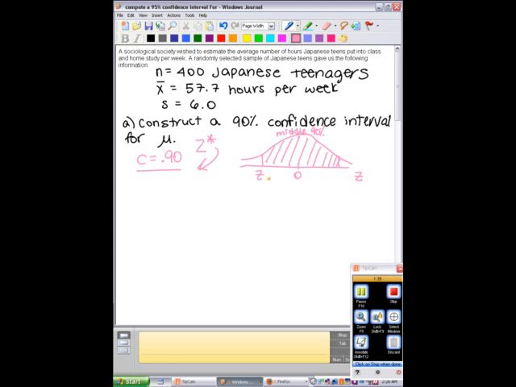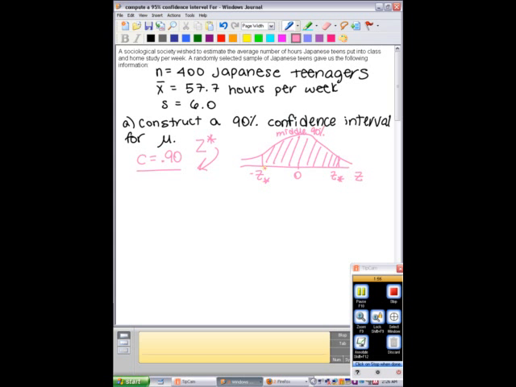Over here we're going to have a z-score, and over here we're going to have a z-score. The one on the left is going to be negative and the one on the right is going to be positive. It's the same numbers, just different signs. So we just need to figure out one of them and we'll know both.